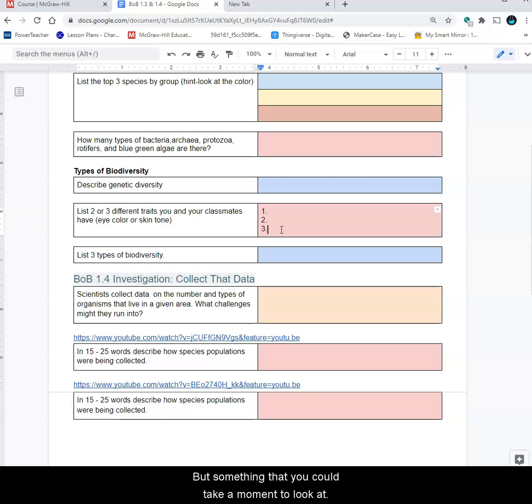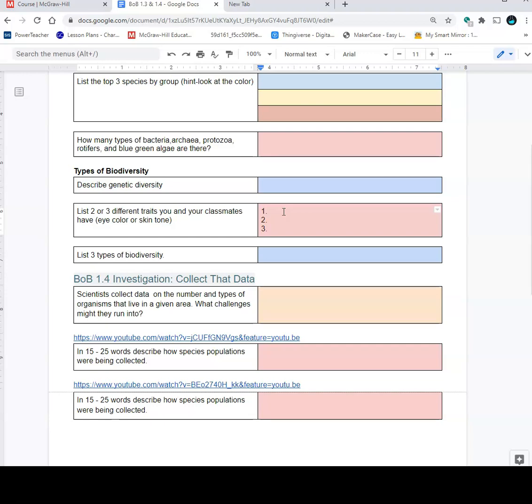So that's something that you could take a moment to look at with yourself, with people in your family, if you have younger siblings. And there's all sorts of fun little genetic traits that we can look at and see how exciting it is to be different from one another.